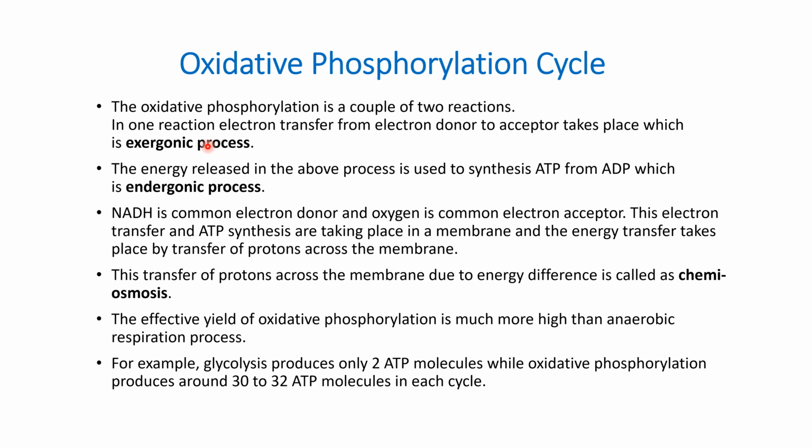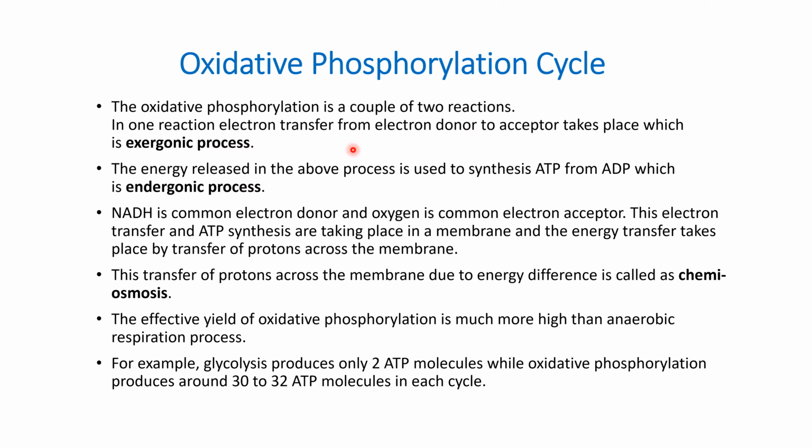The first is the exergonic process and the other one is the endergonic process. The exergonic process is the reaction where electron transfer from electron donor to acceptor takes place, which is an exergonic process, right?